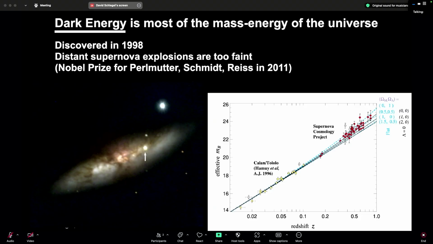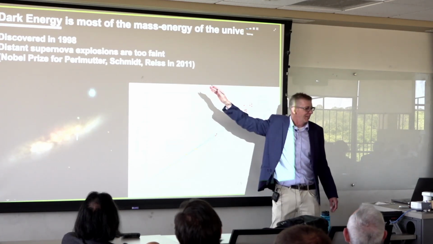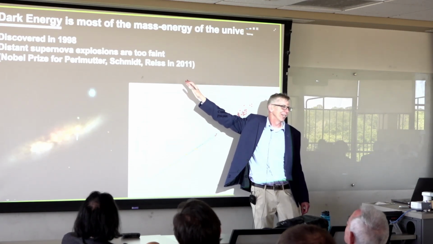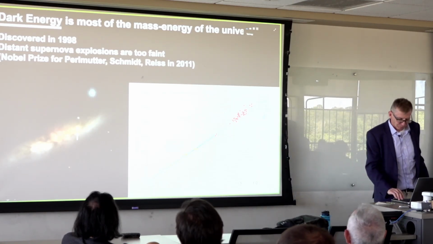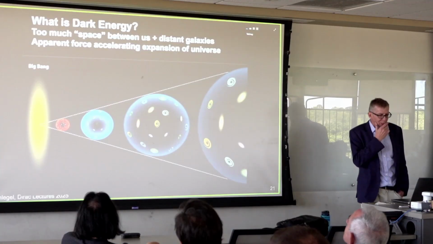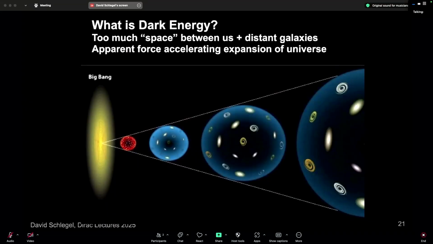So we know unequivocally today there is another force. We know because they got the Nobel Prize eventually, though they didn't get it in 1999, right? Okay, so it took a few years. But we know that something is happening where in the more recent universe, there's too much space between us and galaxies, and this is due to an accelerating expansion of the universe.